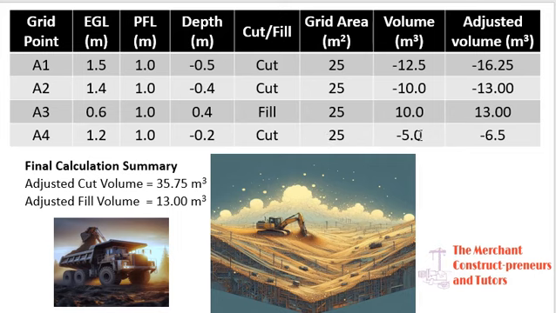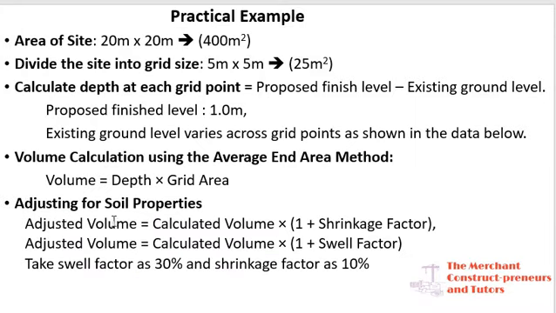Now for the adjusted volume, we already highlighted it here. The place where we have cut, we use the cut factor. The place where we have shrink, we use the shrink factor. So for the shrinkage value, calculated volume is multiplied by this expression here.